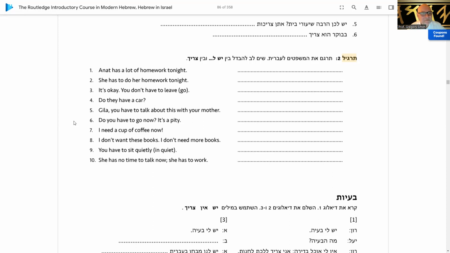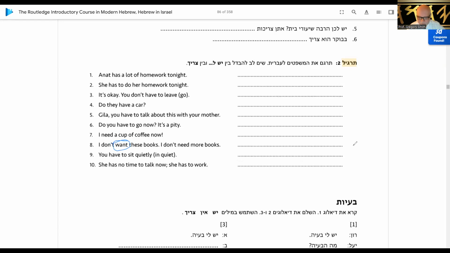Okay, so I need lo rotse say. The want one is rotse, that's right. So ani lo rotse, and I don't want. This is the want one, and then this et is just, it's not translatable.